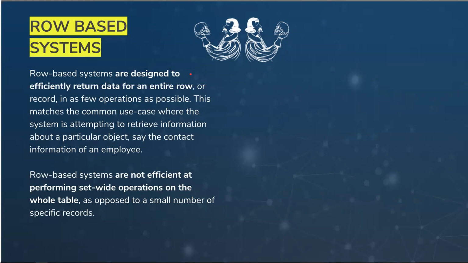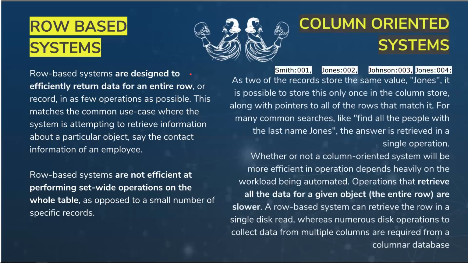Now, let's analyze column-based systems. To start, as two records store the same value, for instance, Jones, it is possible to store this only once in the column store, along with pointers to all of the rows that match it. For many common searches, like find all the people with the last name Jones, the answer may be retrieved in a single operation.